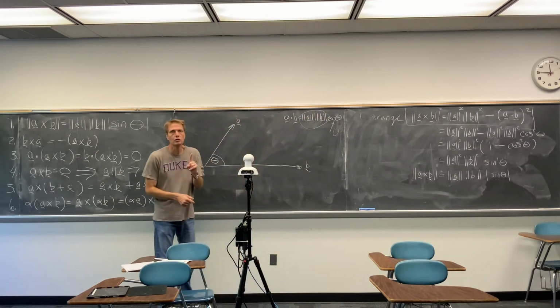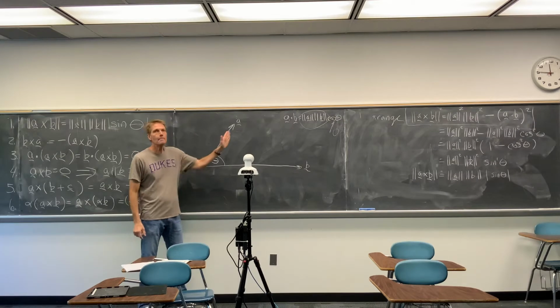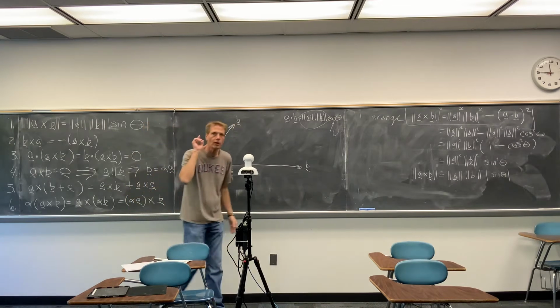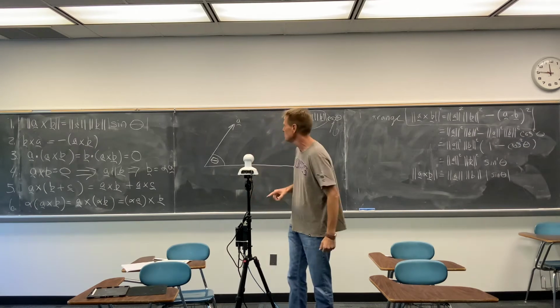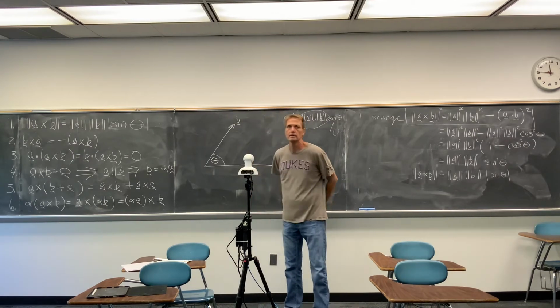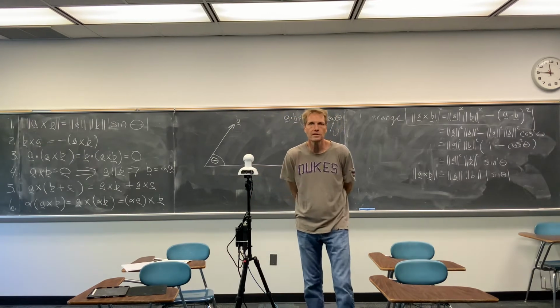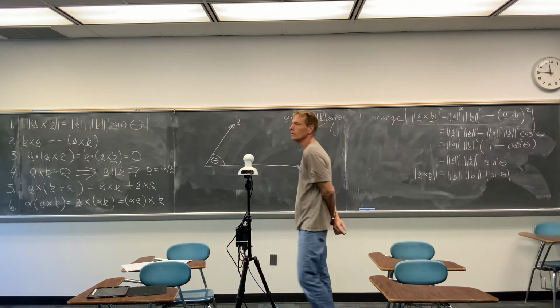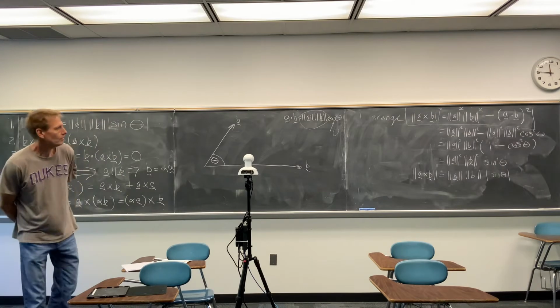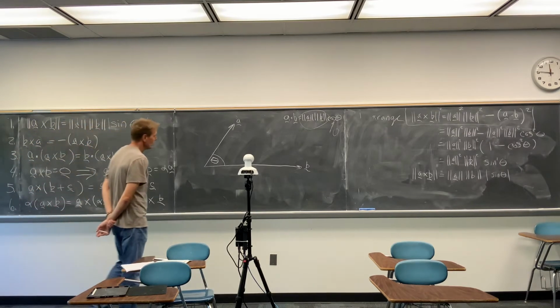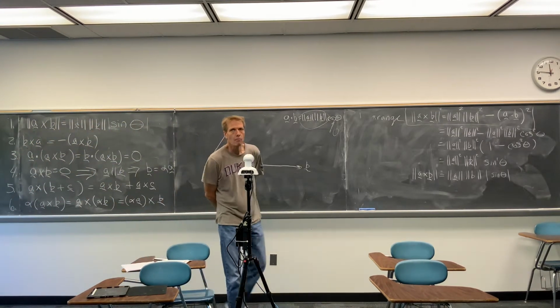Now what I want you to do is drop a perpendicular, kind of like you were going to lay in a parallel and a perpendicular, but you're not. Drop a perpendicular in your drawing from A down onto B. Mark the right angle.